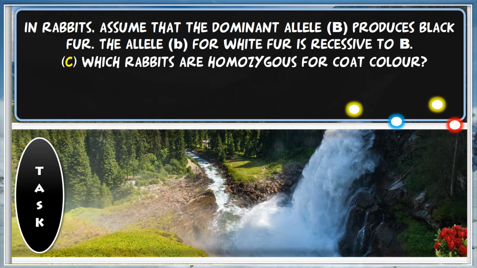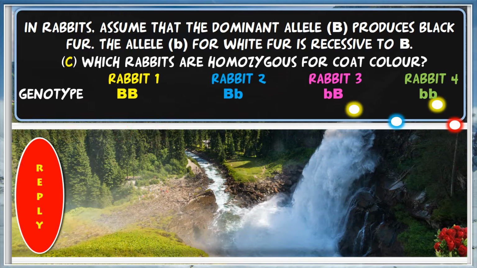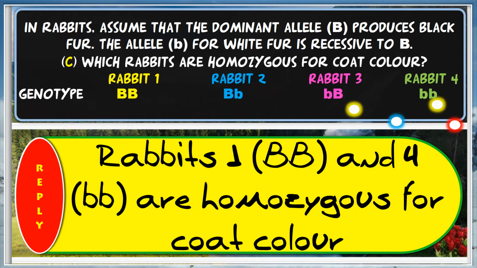Part C. Which rabbits are homozygous for coat color? Rabbit 1, capital B, and rabbit 4, small b, are homozygous for coat color.